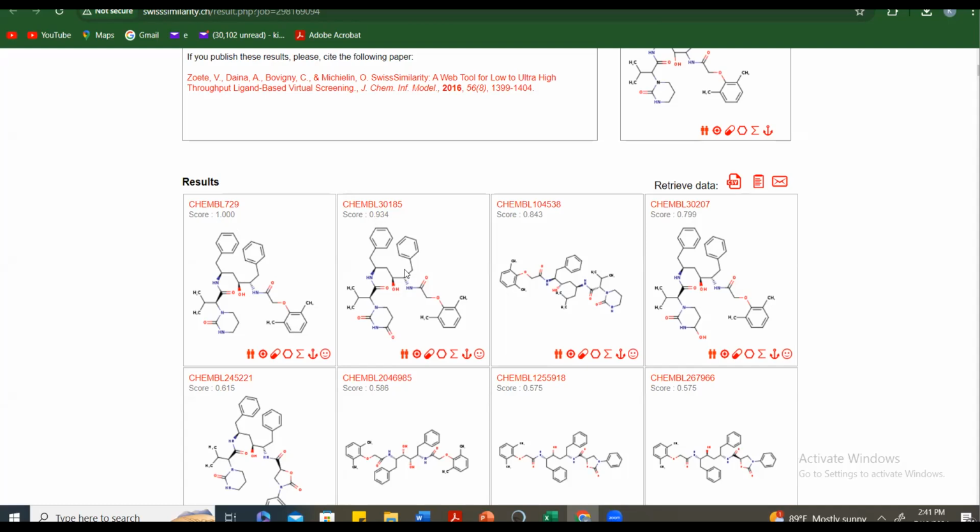And if you look at this, the scaffold is the same. Can you guys see the difference in these two? This is the difference. Easy. You can see this functional group is not present on lopinavir.